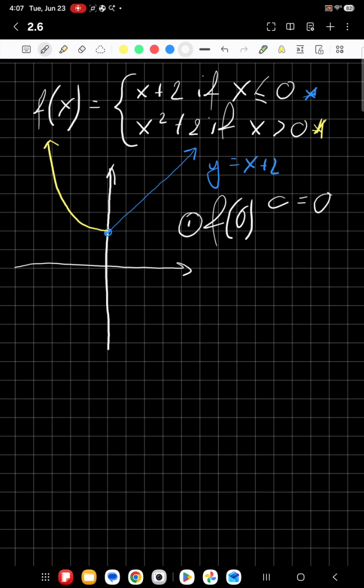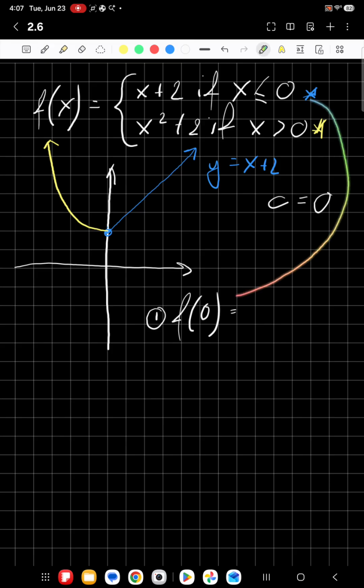Let me write it somewhere else, I don't have space here. This is condition number 1: f of 0. Well, it is defined, because 0 is part of this function, because of that equal sign here. So I just do 0 plus 2, which equals 2.